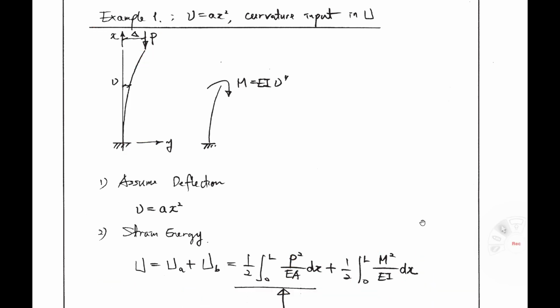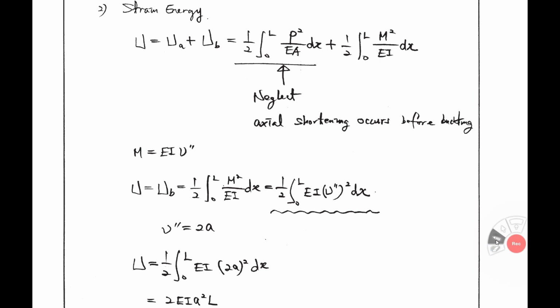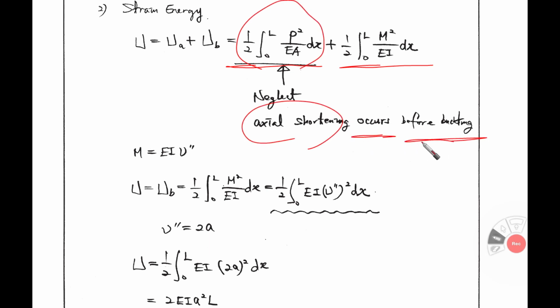Let's go down. In this strain energy, this is the strain energy regarding axial shortening. This is the strain energy of bending deformation. At this moment, we are interested only in buckling, not actual shortening. So we can neglect this term because the axial shortening occurs before buckling.